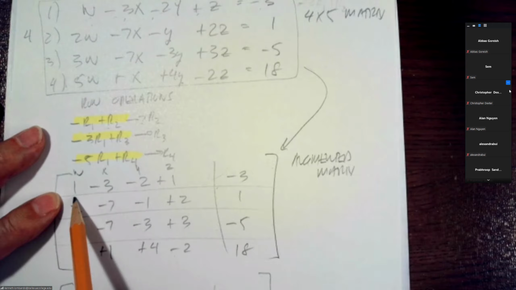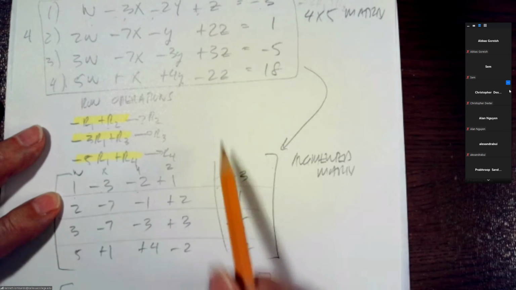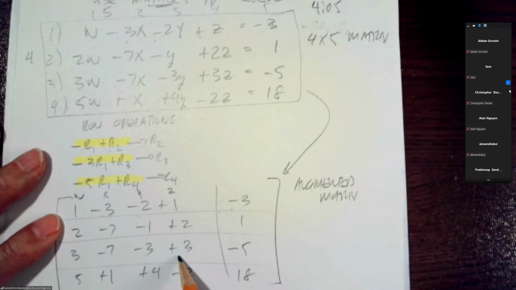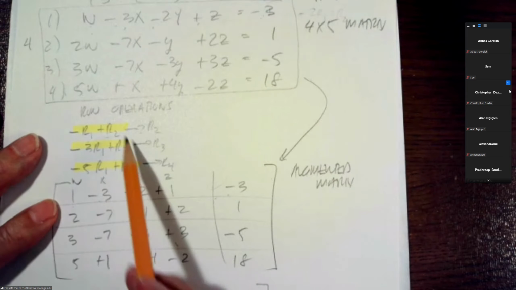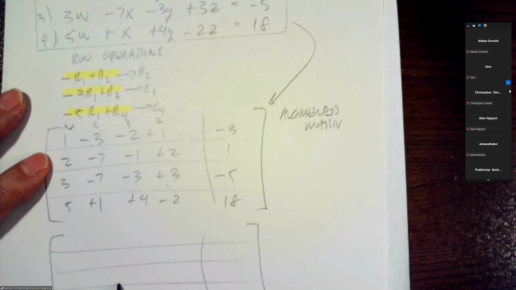So I put in just the coefficients 1, -3, -2, 1, and -3 from above to create this matrix. And then I want to do these row operations to create a new augmented matrix. And again, the goal is to get a diagonal of 1s and 0s below it.